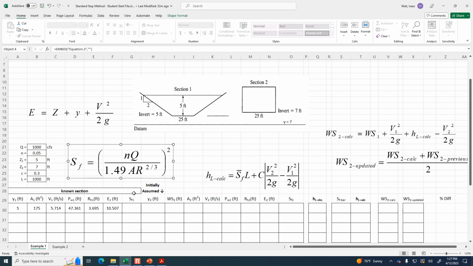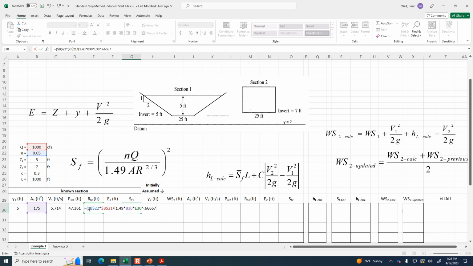So we're going to use the full version of Manning's equation to find the slope of the energy grade line. So it is equal to the n value multiplied by Q divided by 1.49 times the area times the hydraulic radius to the power of 0.66667, and then close the parentheses.